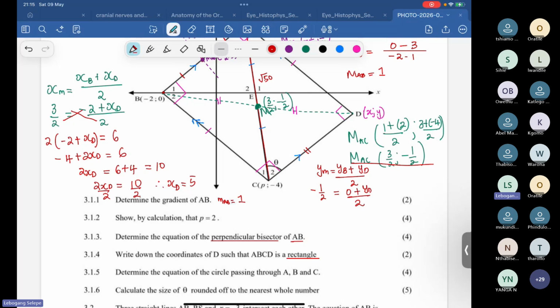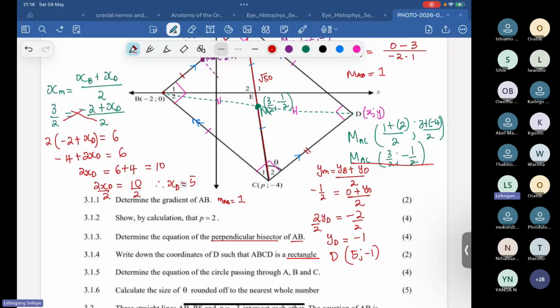Cross multiplication, this is going to be 2yd is equal to negative 2. And then you divide by 2 on both sides. And therefore, you find out that yd is equal to negative 1. So therefore, the coordinates of D are 5, negative 1.